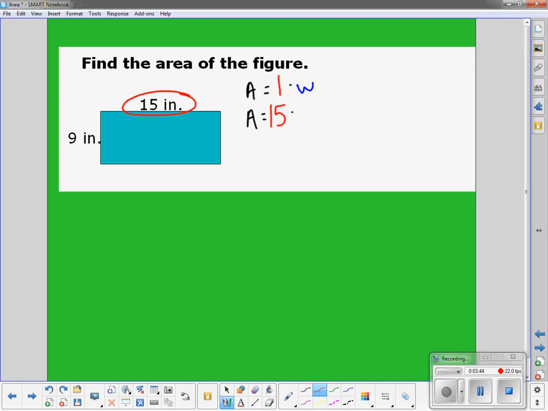And I will multiply it by the wide side, which is 9, and that will take the place of my width. Now I just multiply the two together, and 15 times 9 is 135, and I'm talking about inches, so these will be square inches.